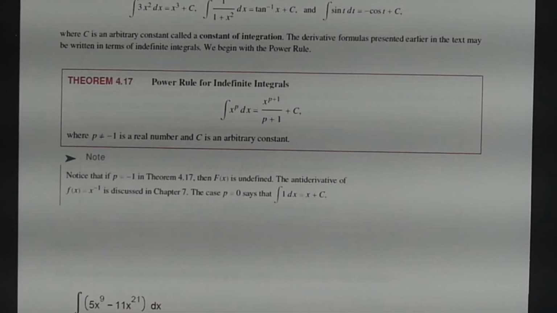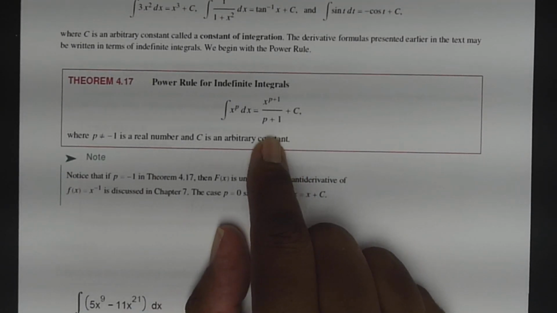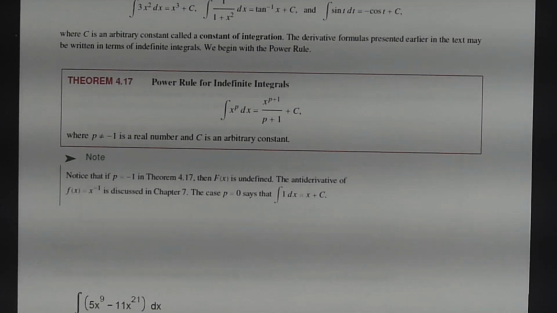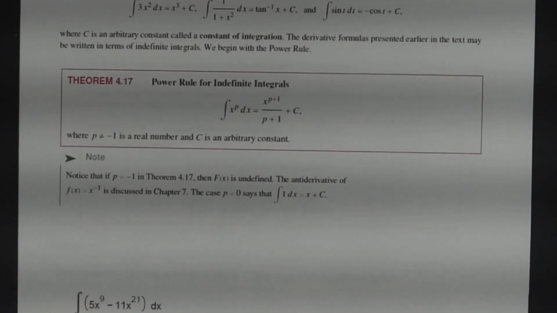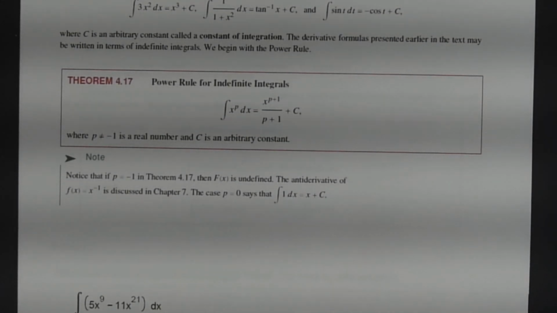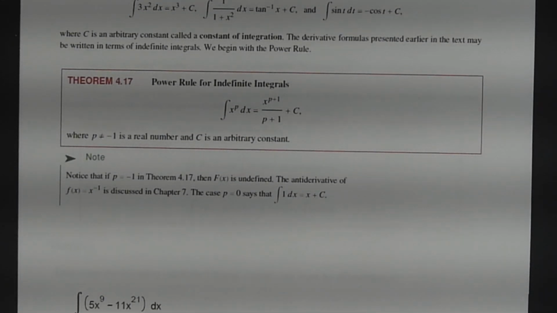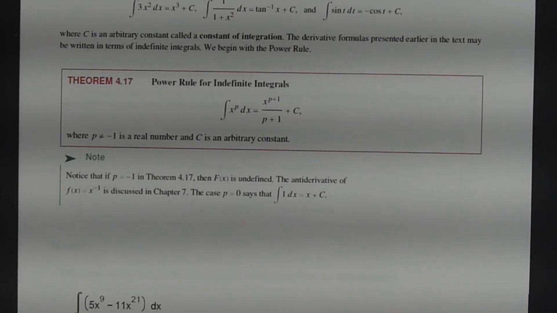And of course, p cannot be equal to negative 1, because if it was, then we would get a 0 in the denominator, and this power rule would not work for p being equal to negative 1. Okay? And notice that if p was equal to negative 1, then capital F of x would be undefined.